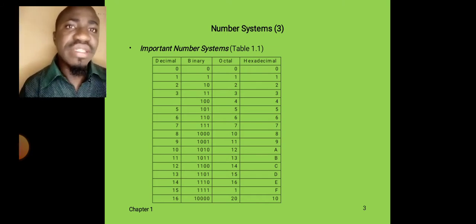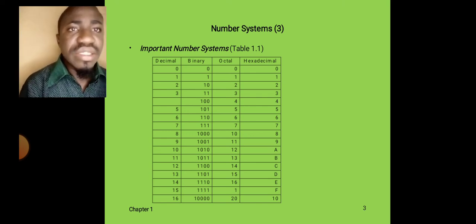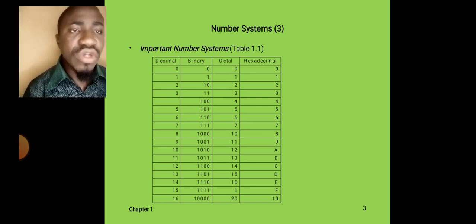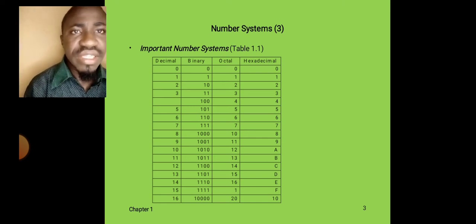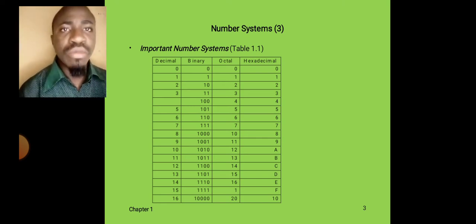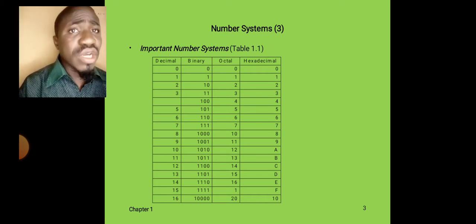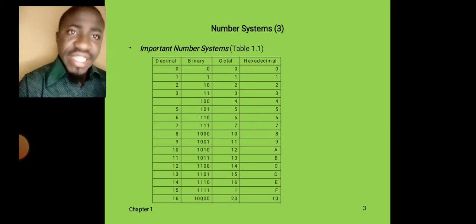So the types of number system we have in computer are decimal, binary, octal, and hexadecimal. This table you are seeing here explains the equivalent of what you are going to get when you convert from decimal to binary, and from binary to octal, and to hexadecimal.